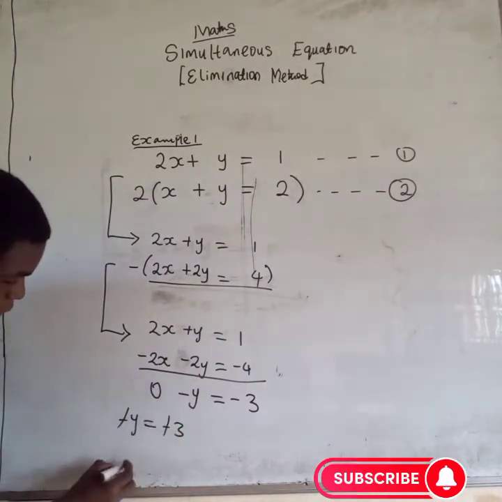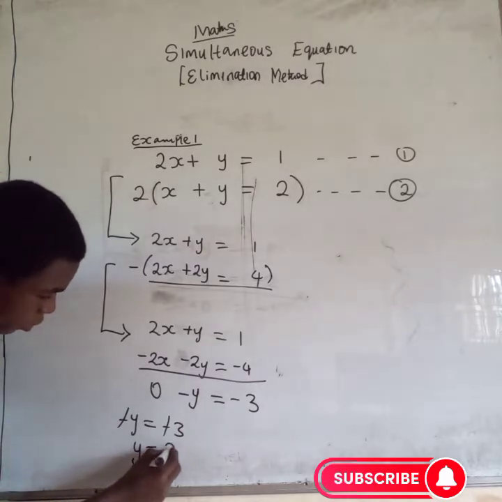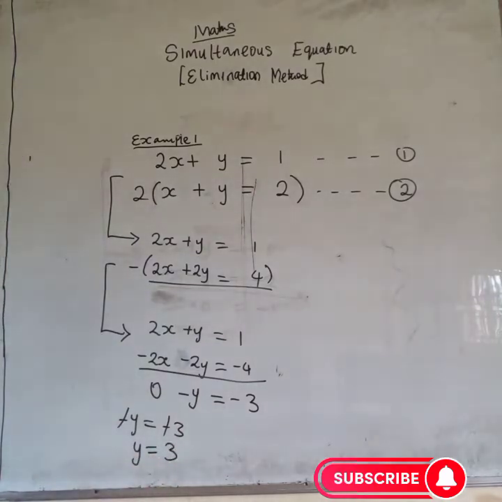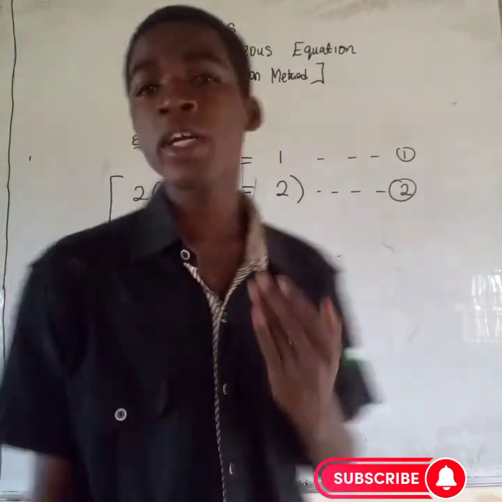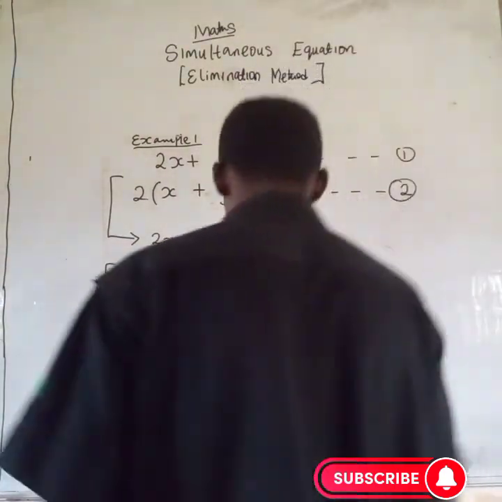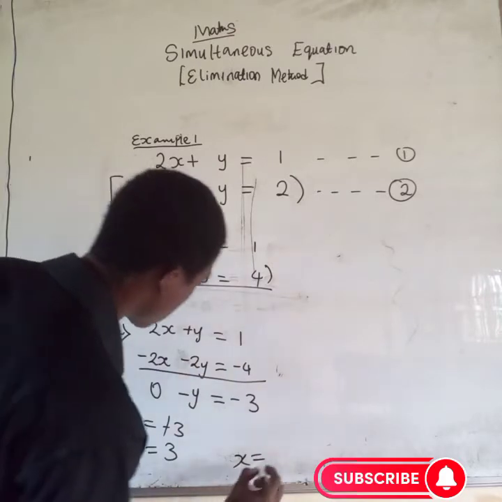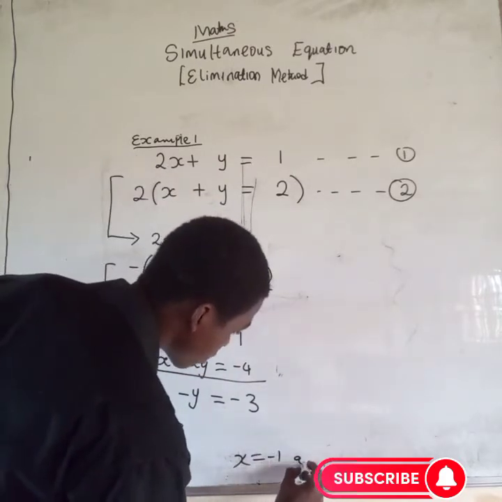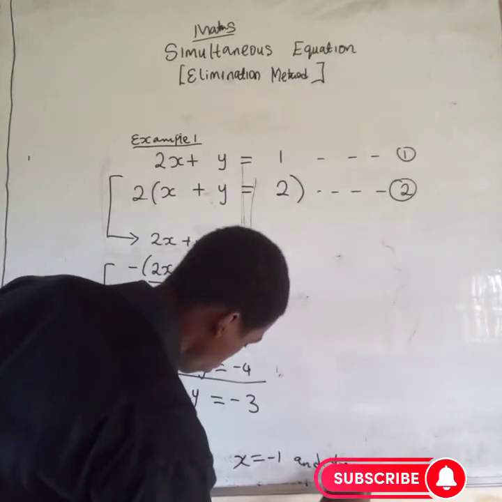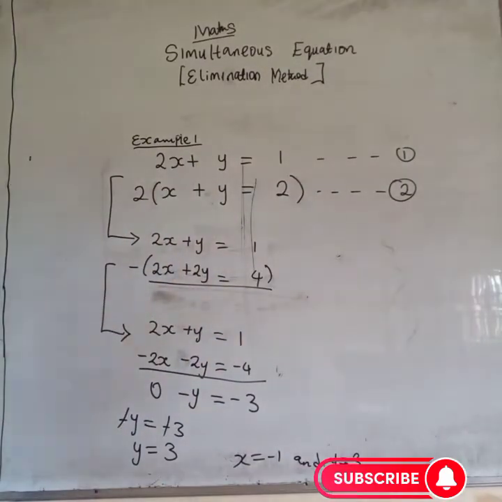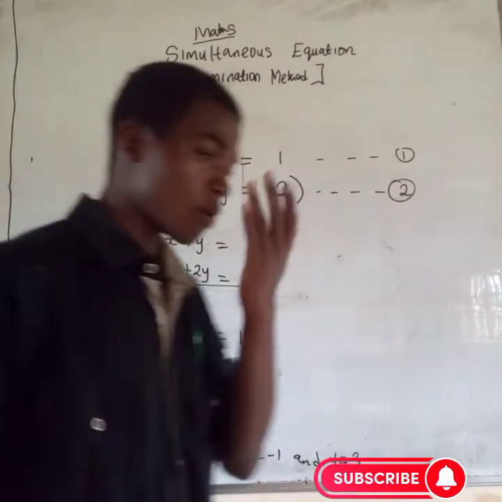Then minus cancels minus, we have y equal to 3. So we discovered that the solution to this equation right now is x equal to, I think our first answer was minus 1, and y equal to what? 3.